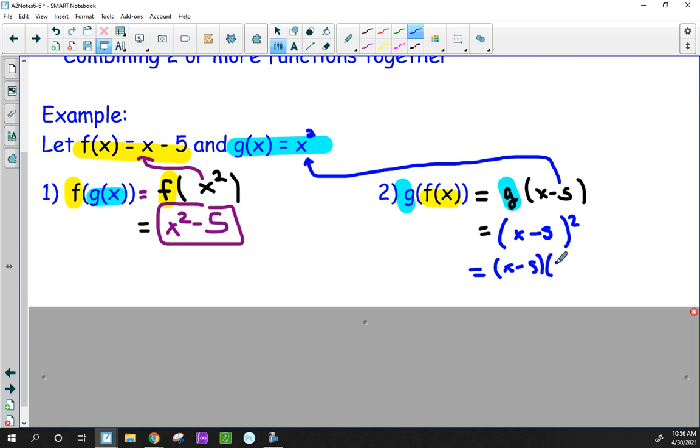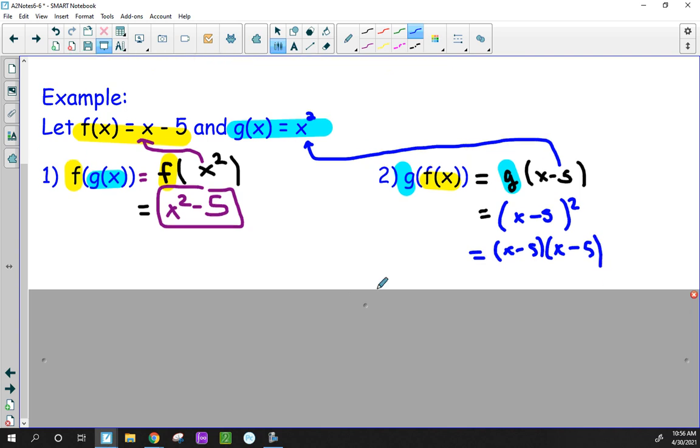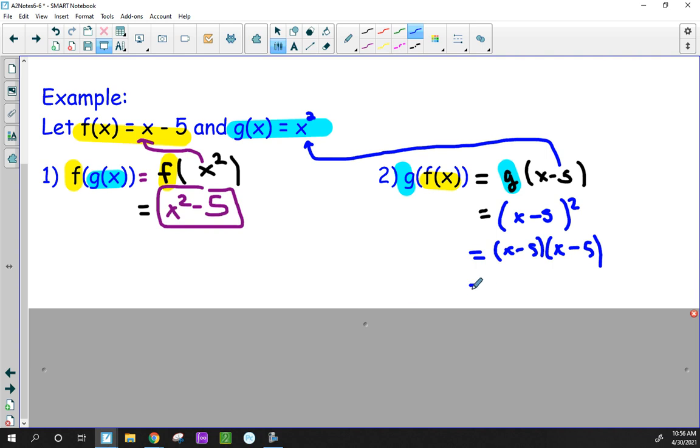Okay, so your answer for question 2 will not be exactly the same as question 1 because we're combining the functions in a different order. For this one, you would get first x to the second. Outside would be negative 5x. Inside would be negative 5x. And last would be positive 25. You would then look for like terms.